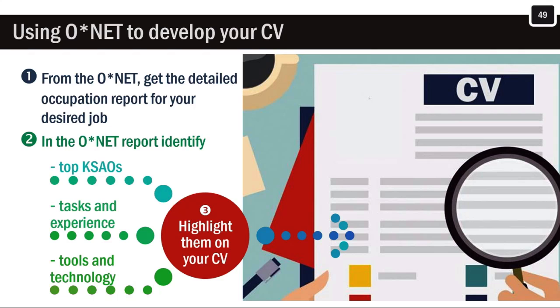So by checking with ONET, you can demonstrate your fit with the standard occupational requirements based on what ONET tells you, and then you can, of course, finesse based on the actual job description of the job.